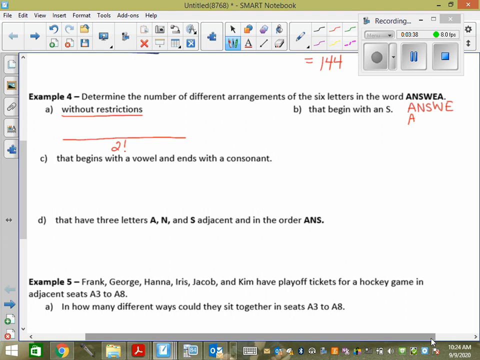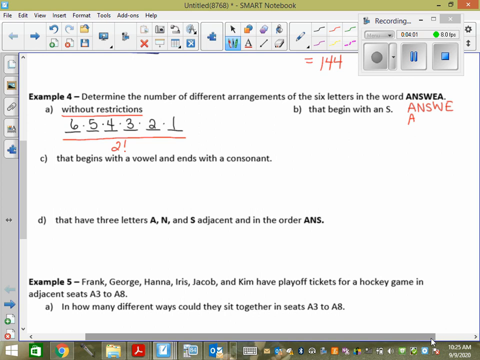Then it says no restrictions. So I have no restrictions for these 6 blanks. What could I put in the first blank? 6. Do I care if there's 2 A's that are the same? No, because this little 2 gets rid of all those situations. So it's going to be 6, then 5, and so on down to 1.